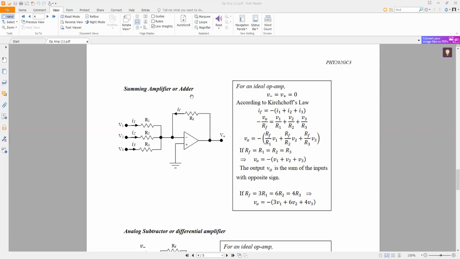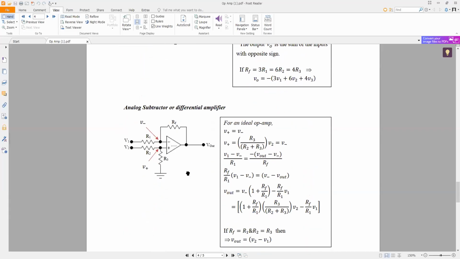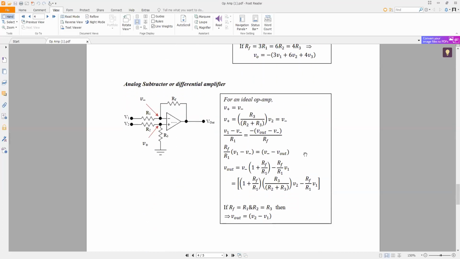Right, so we have seen the inverting summer. Now we have an analog subtractor or a differential amplifier. I will leave this one for your practice, which is simple. Here you have a potential divider, and here you have another potential divider, which are R1 and Rf. So you can calculate V plus and V minus. Based on golden rule number 1, V plus equals V minus.